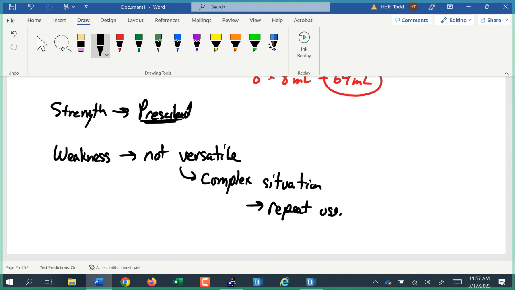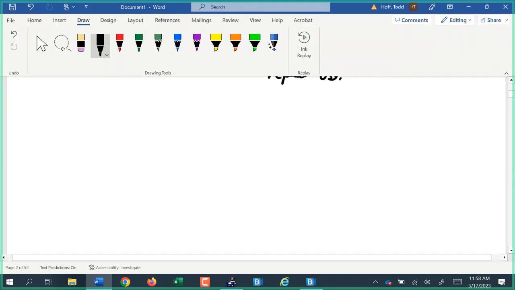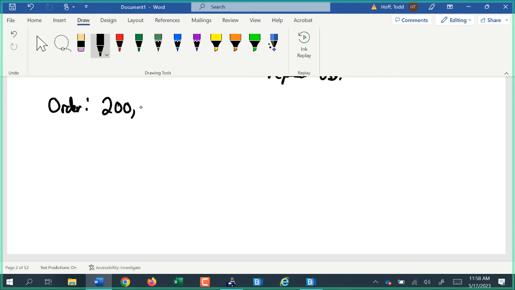Let me show you what I mean by that. Let's say we have the doctor's order is for 200,000 international units of a medication. Now, the thing with international units is international units are different size depending on what the medication is.